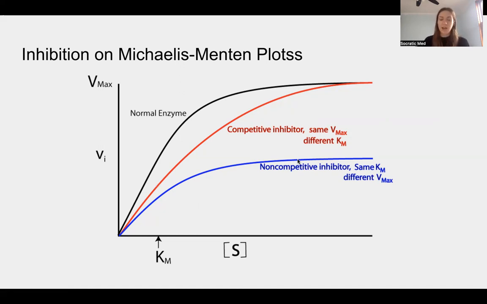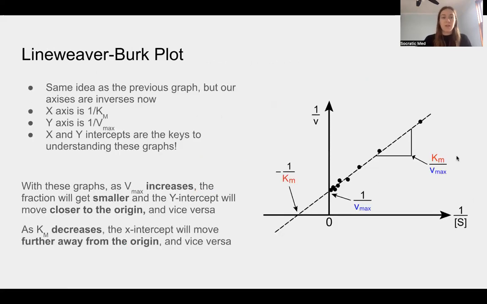These graphs make it kind of tricky to see uncompetitive and mixed inhibition, because if there are no lines over here, you're eyeballing where half of Vmax is. So I wouldn't worry too much about that. Just know competitive and non-competitive, and then we'll look at uncompetitive on the Lineweaver-Burk plots.